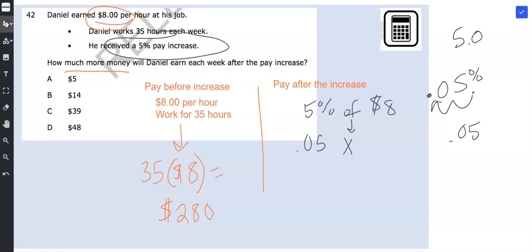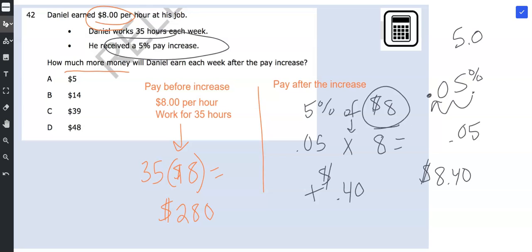Instead of "of," I write multiplication, and then I copy the 8. And then I'll use the calculator to multiply 0.05 times 8, and I get 0.4. So his pay increase is 40 cents. So if he was making $8 and then we increase his pay by 40 cents, he now makes $8.40 per hour.